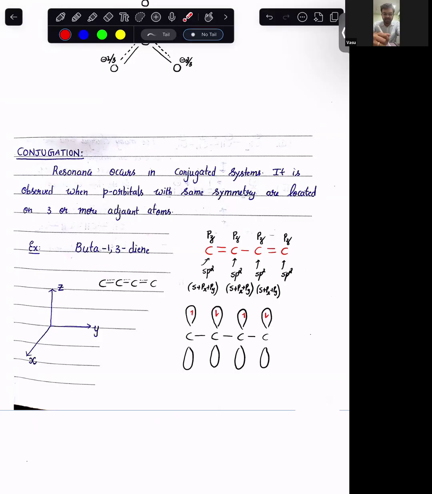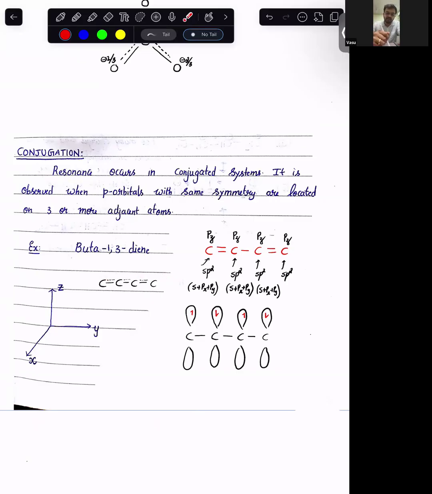As an example, I have taken 1,3-butadiene. If you take 1,3-butadiene, this is the structure we may write. This is the Lewis structure we may draw. But the actual structure of 1,3-butadiene is this. You have carbon, carbon, carbon, and there is pi electron density present between any two carbons.